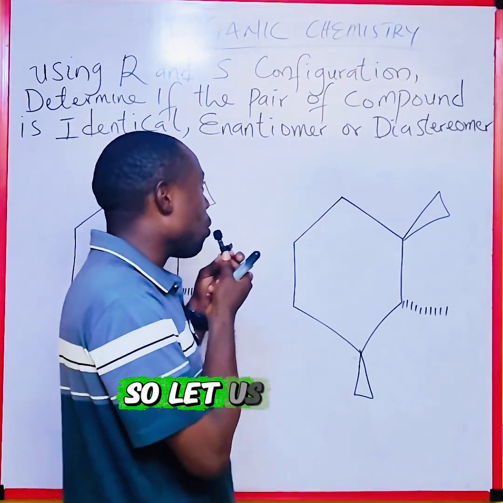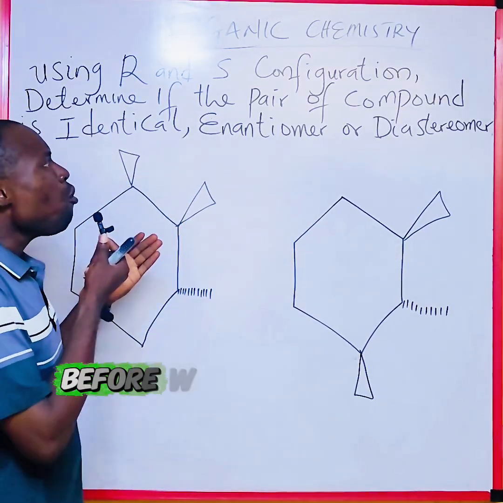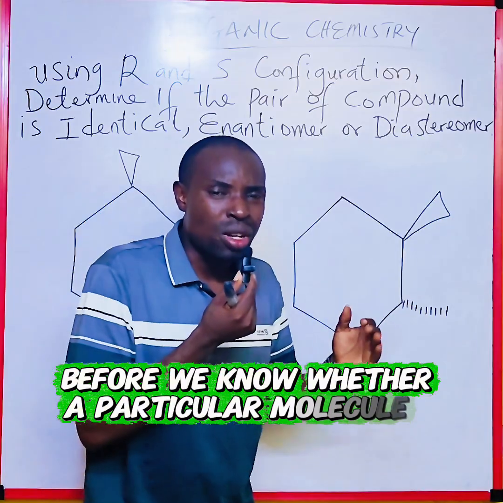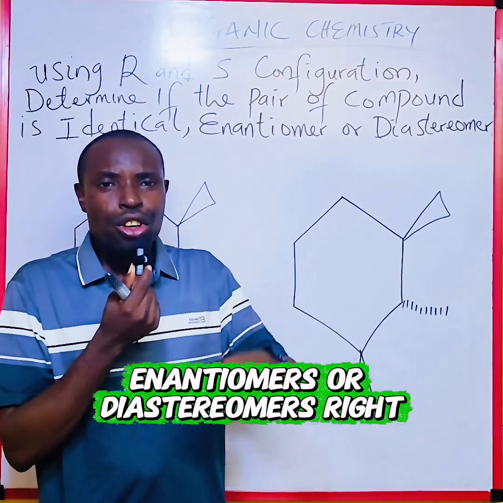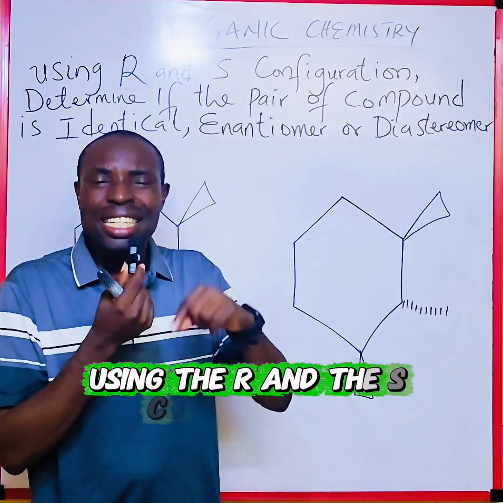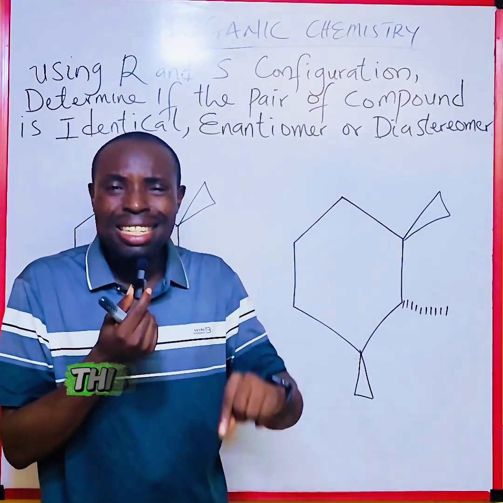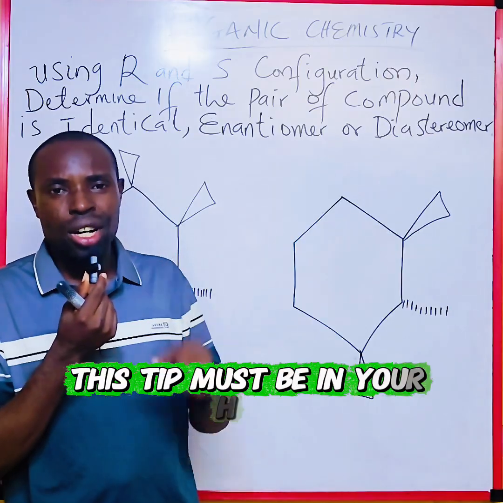So let us go. Before we know whether a particular molecule is enantiomers or diastereomers, using the arrow and the X configuration, this tip must be in your head.